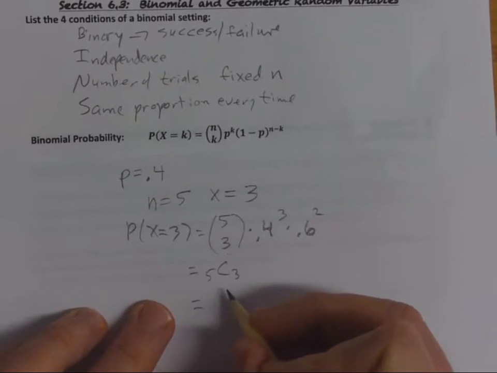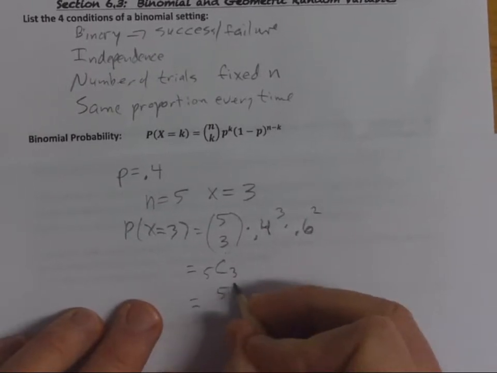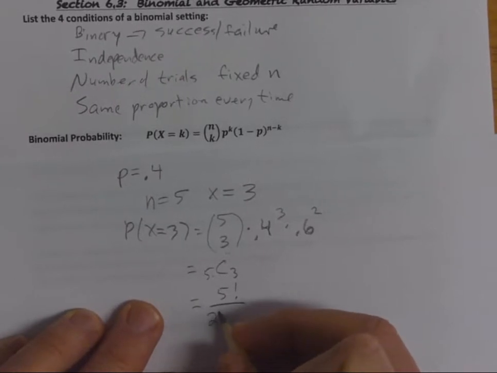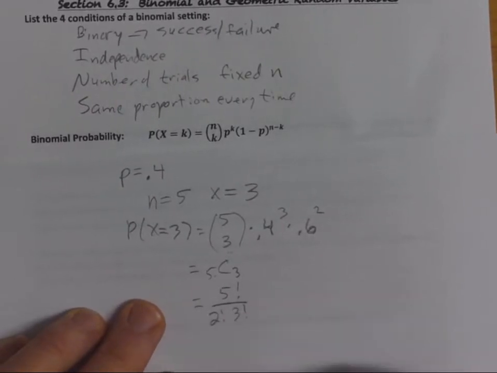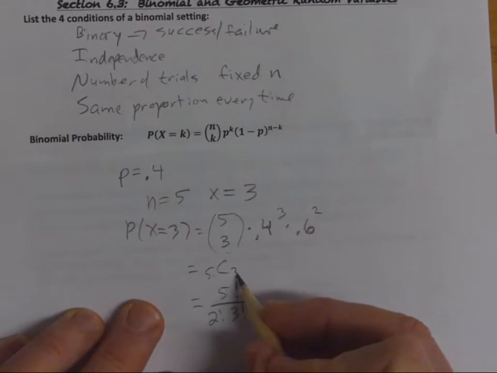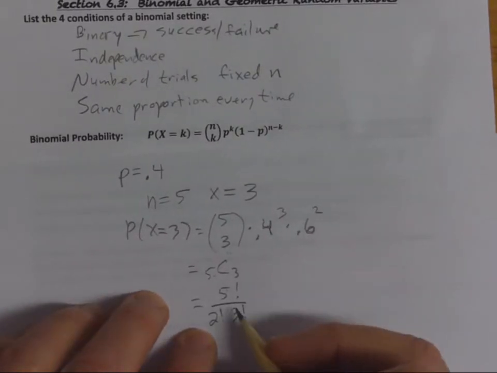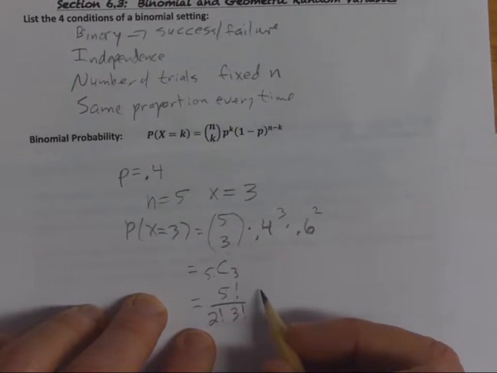And what it's equal to is 5 factorial over the difference factorial, and then 3 factorial. So it's just 5 factorial over that factorial and the difference factorial. And so that is in essence 5 times 4 times 3 times 2 times 1.